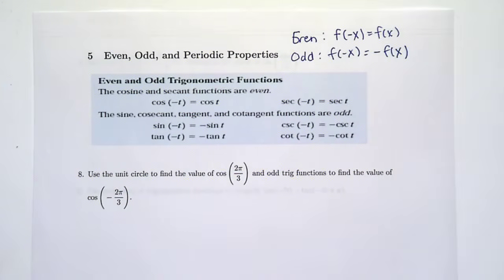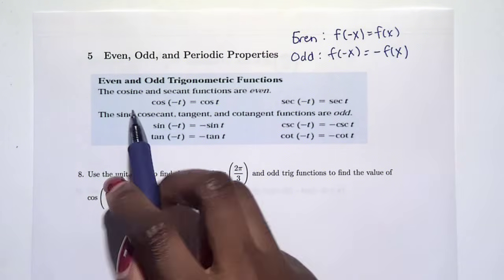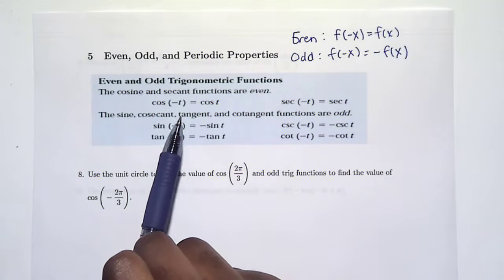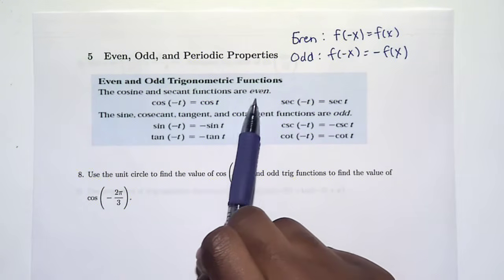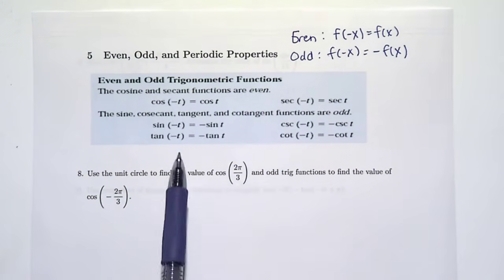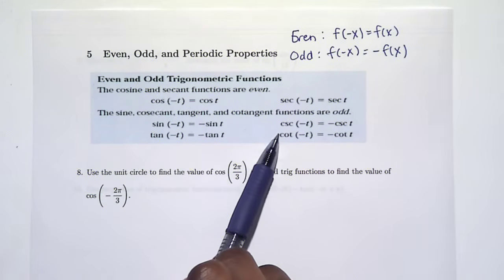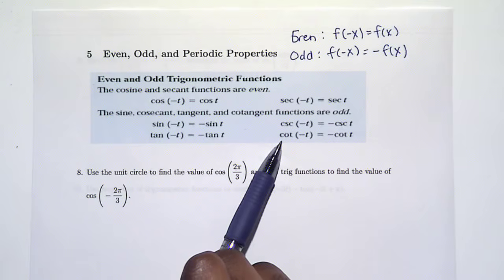Do we remember this? Our trig functions can be classified into even or odd. Cosine is an even function. Cosine and secant are reciprocals of each other, so they're both even. Sine, tangent, cosecant, and cotangent are odd functions.